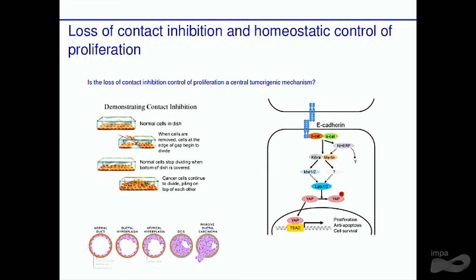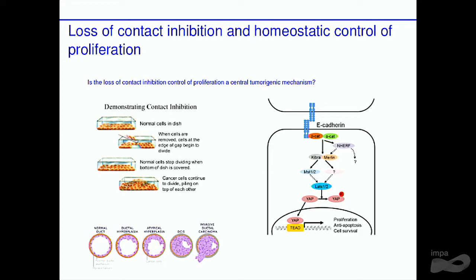However, if you have cancer cells, instead of stopping proliferating when they cover the bottom of your well, they keep dividing and start accumulating on top of each other, and you get those tumor-like structures in wells instead of just a single layer of cells.